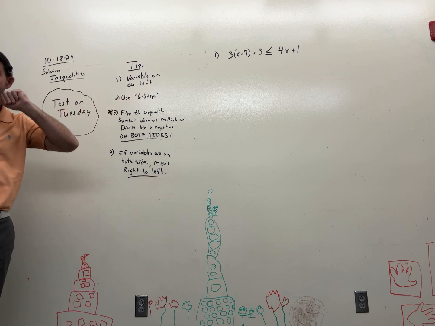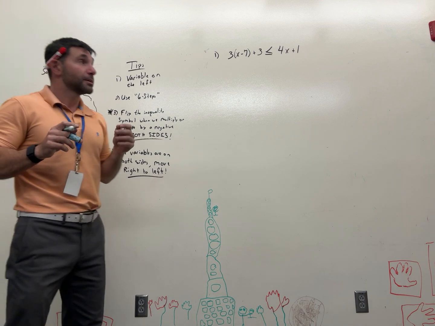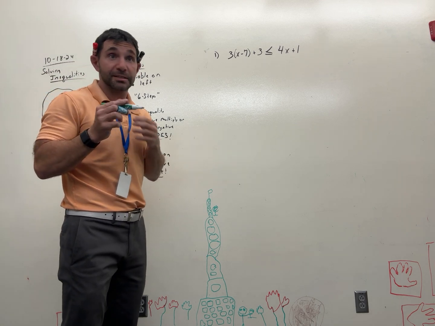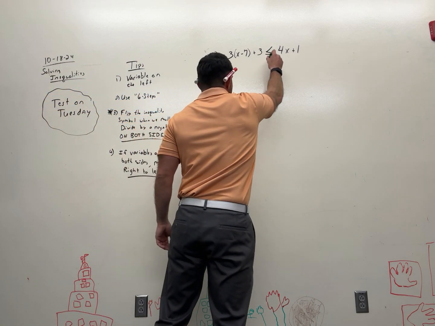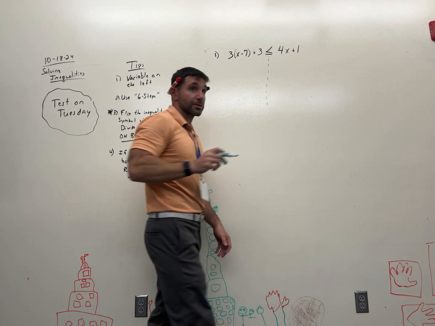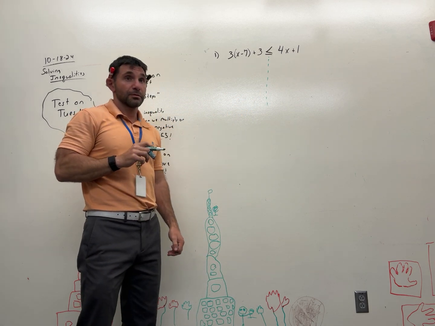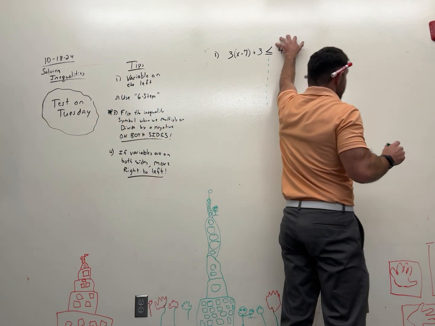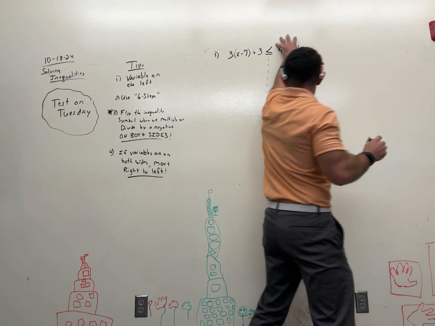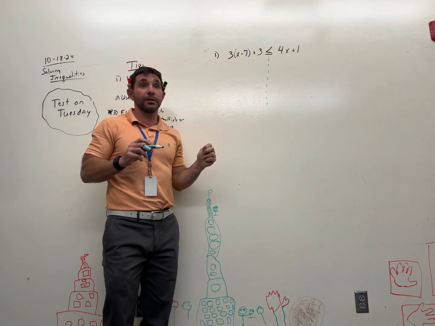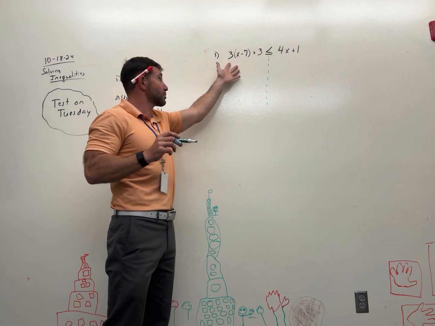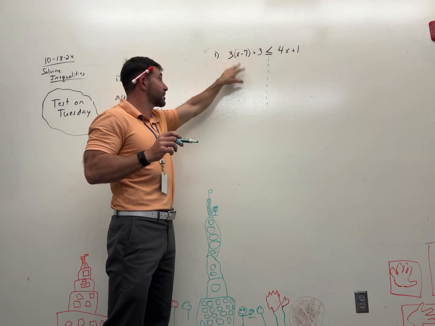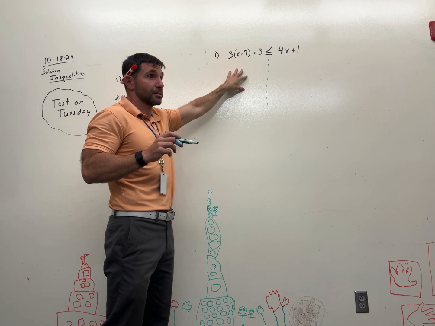Okay. So, step one, we're using those 6 steps. Find the balance point. Where do you want to start, left or right? Left. So we're going to cover this up. You can use a note card or a blank piece of paper, whatever, just cover that up. Step 2, distribute if needed. Do we need to distribute on this side? Yes. Why?